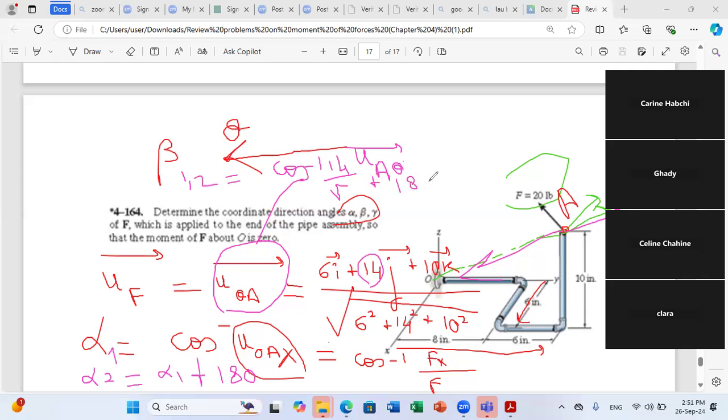And finally, gamma is cosine minus 1 of the z component of the unit vector, which is 10 over the radical. This is the first solution, gamma 1. For gamma 2, you add to this plus 180.